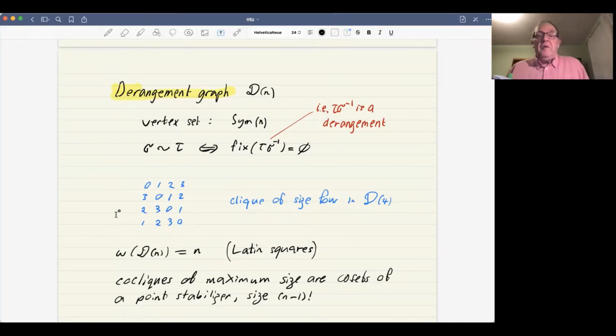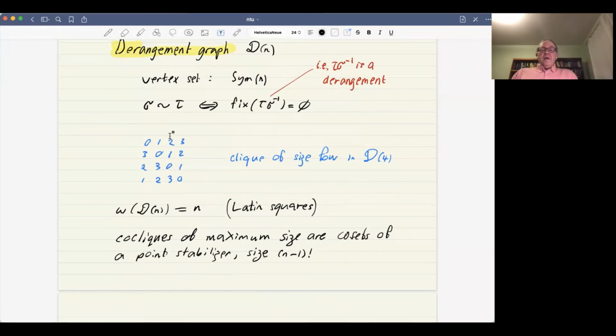I'm going to introduce a more complicated graph, the derangement graph. Now, this is a finite graph. Its vertices are the permutations of length n, so the elements of the symmetric group Sym(n), and two permutations sigma and tau are adjacent if tau sigma inverse has no fixed points. Or in combinatorial terms, the permutation tau sigma^-1 is a derangement, it doesn't fix a point.